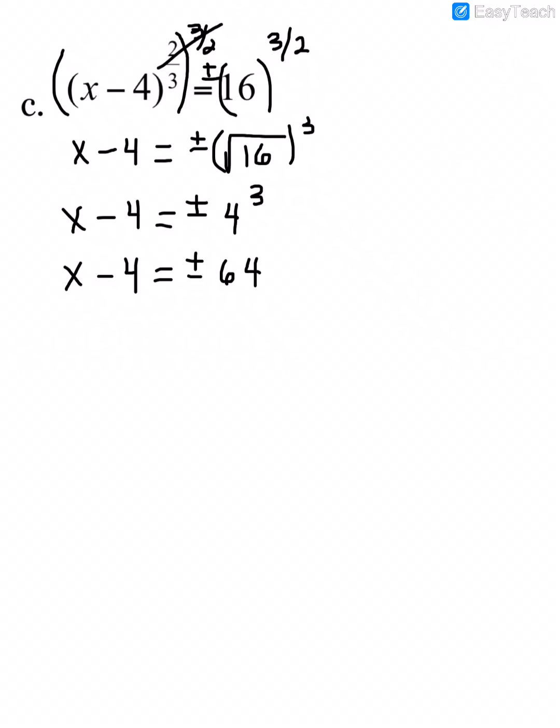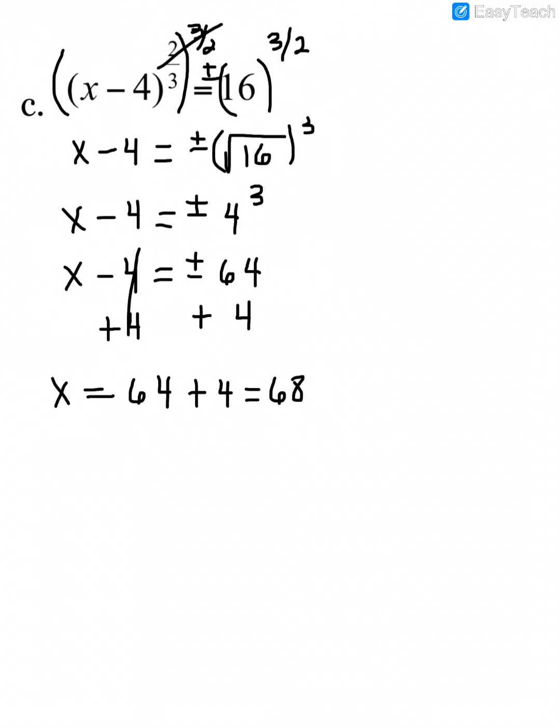All right, so now I need to get x by itself. I'm trying to solve for x, so I'm going to add 4 to both sides, but I'm not just adding 4 to 64. I'm adding 4 to 64 and to negative 64. So I need to work those two separate solutions out. If I have a positive 64 and I add 4, that gives me 68.